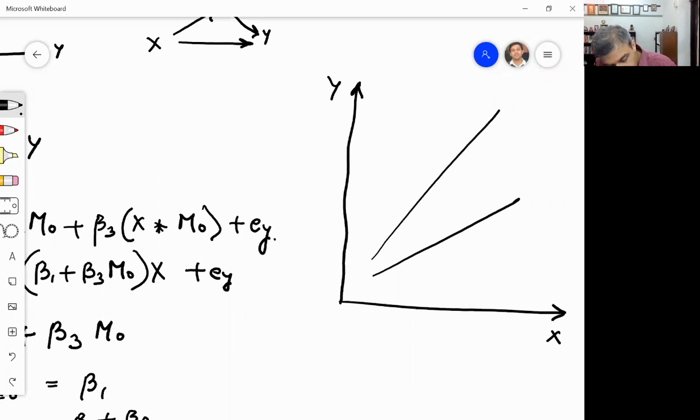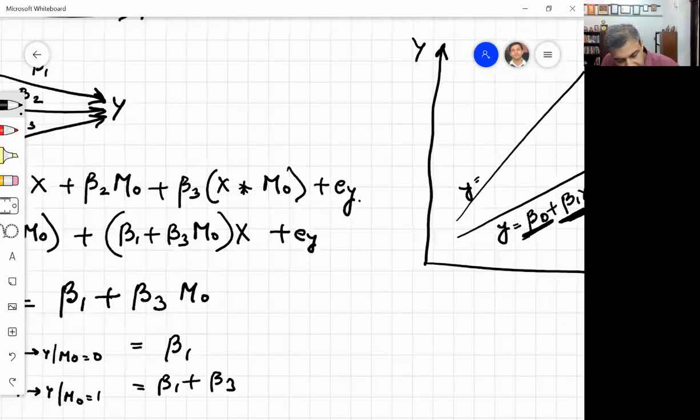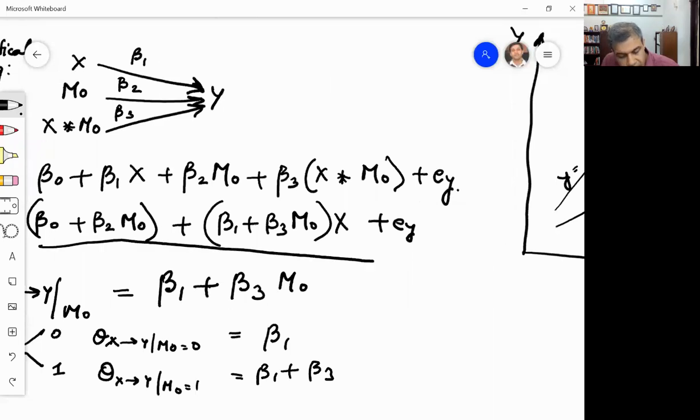This is Y equal to beta naught plus beta 1 times X plus E of Y. This is for moderator equal to 0. This is the slope of the line, beta 1. This is the intercept. If you were to plug in moderator as one value in this particular equation, what do you get?